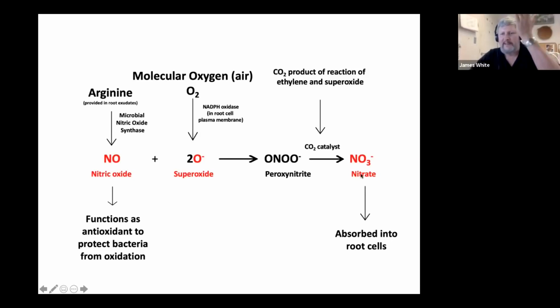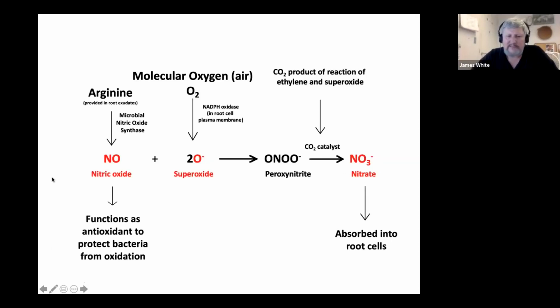And that nitrate can then be absorbed using nitrate transporters. In this reaction, the microbe is essentially providing nitrogen to the plant in order to protect itself from that superoxide. At least that's how we hypothesize this.